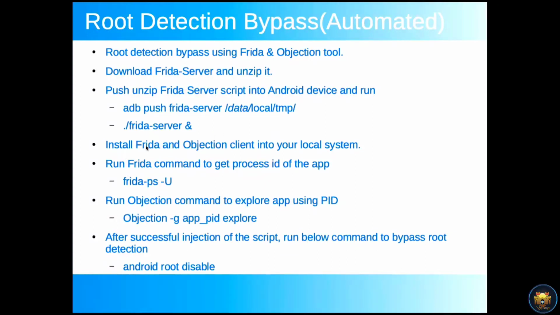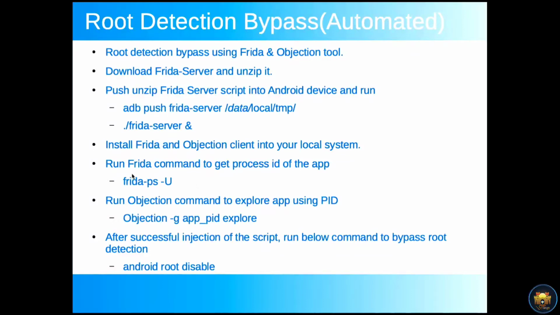After that, install the Frida and objection clients on your local system. Then run frida-ps -U, with capital U. frida-ps is used to list all the running processes inside the Android device.